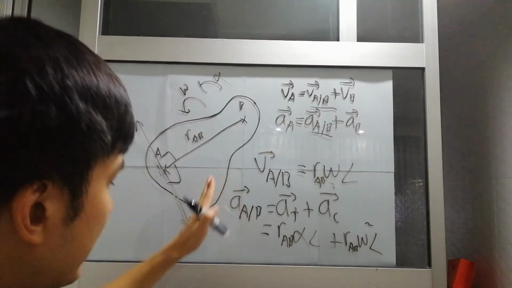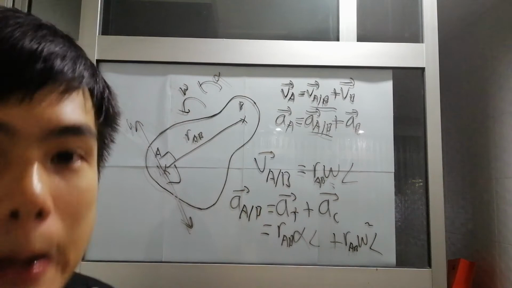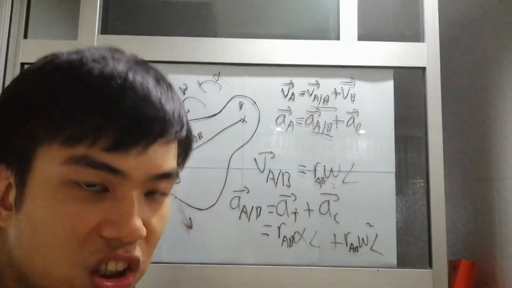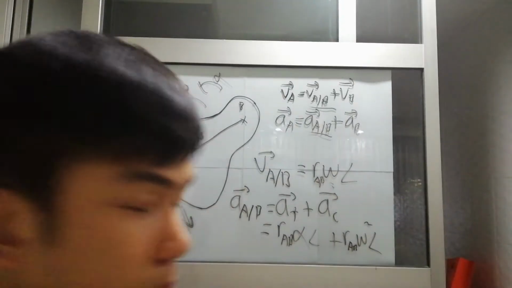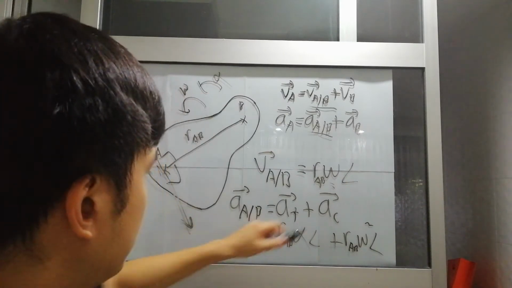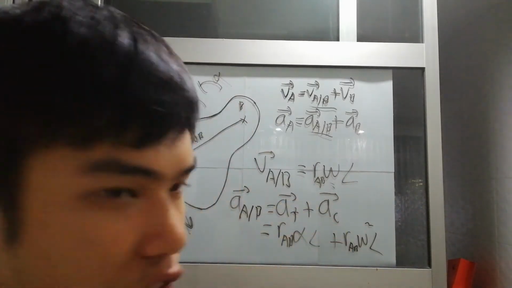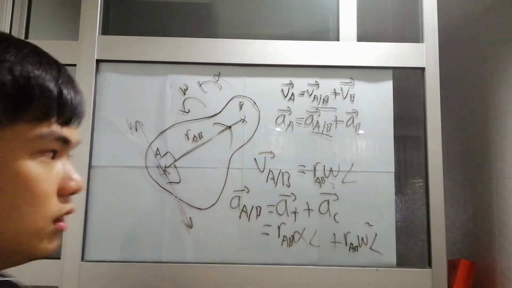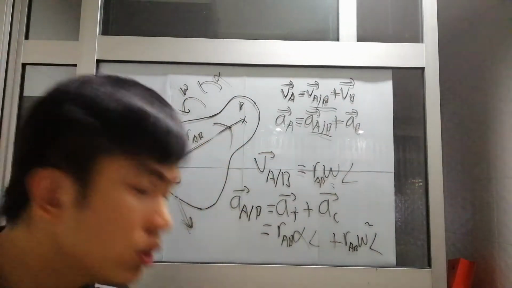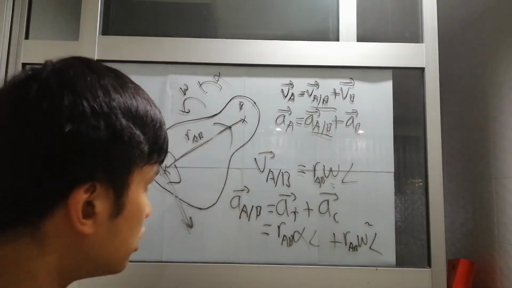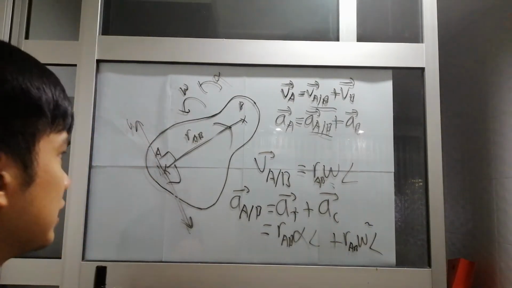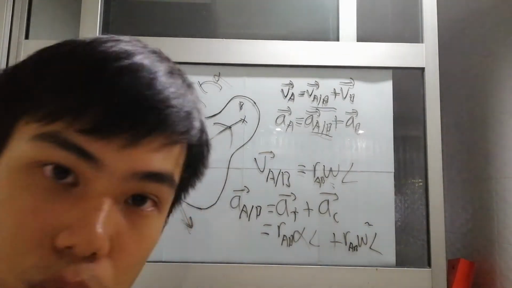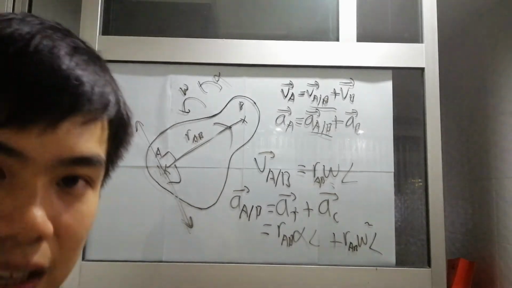In this case, for the acceleration of A with respect to B, B is the center of rotation, because B thinks it's not moving, and A is going in circles about him. So the centripetal acceleration has the direction pointing towards the center of rotation. Very important. So from this, we know that this is additional information provided to us when two points are on the same body.